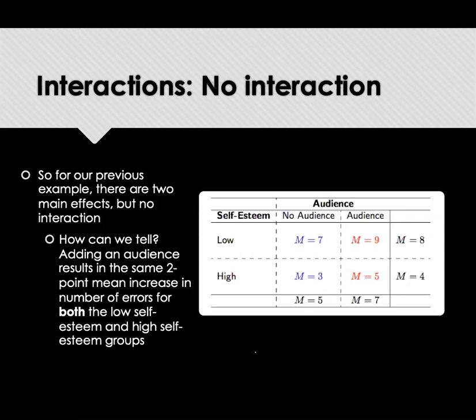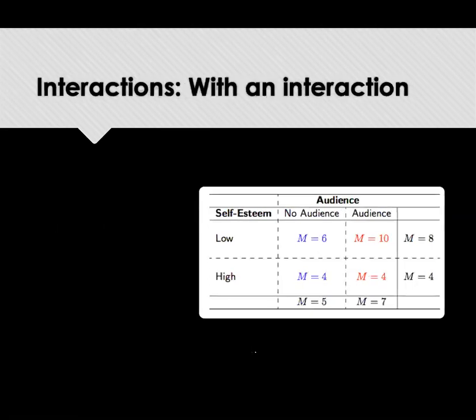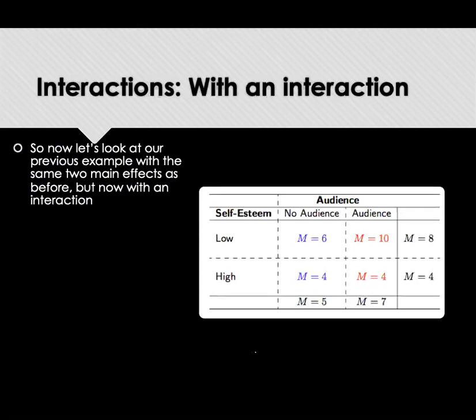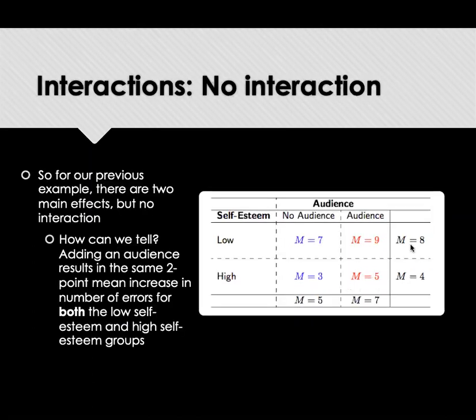I'm going to show you another example, and this might become more clear. Here's an example with an interaction, and you'll notice the values inside the cells here in the center have changed. So I'm going to go back to the previous slide real quick here.